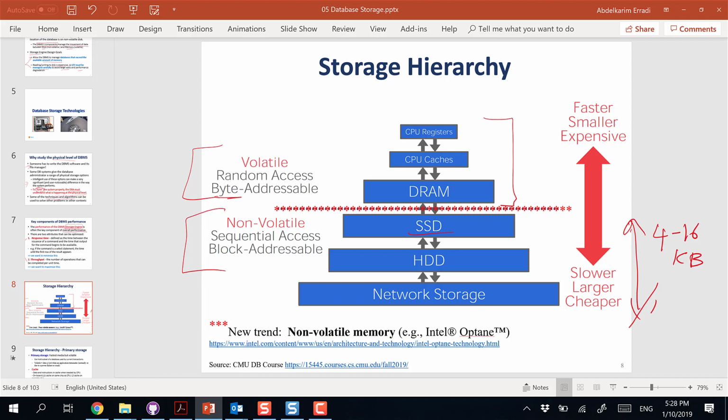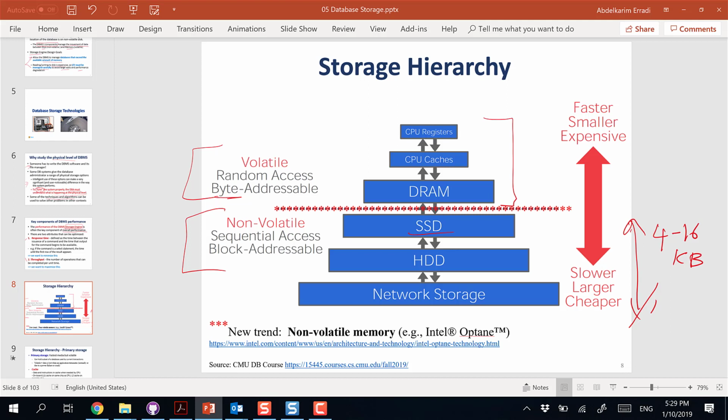So keep this in mind, because at this level, I mean below the RAM, the access is much slower, although the storage capacity is typically larger and cheaper to buy and maintain, but it is slower to access. So when we access, we don't access a small little piece of information.